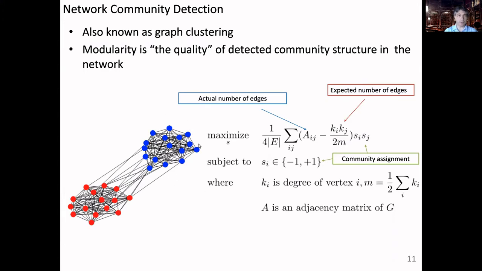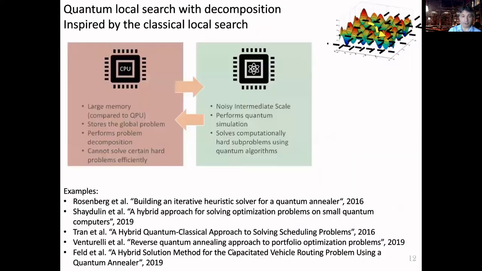All right, so this is also a well-known NP-hard optimization problem with lots of different algorithms, and some of the famous algorithms are multi-level algorithms. So let's start with the quantum local search strategy. The quantum local search strategy is inspired by the classical local search.